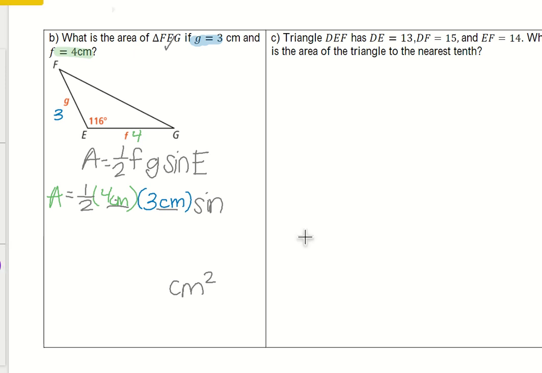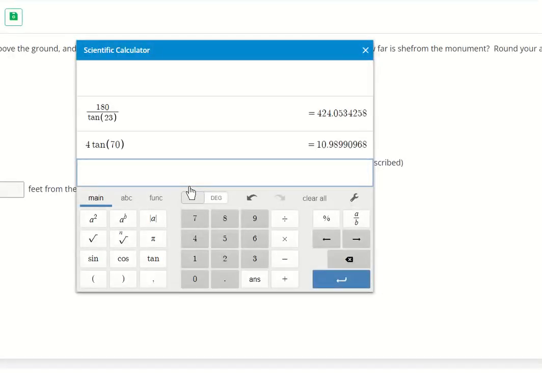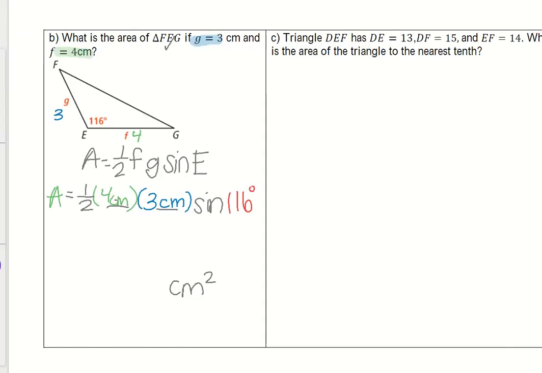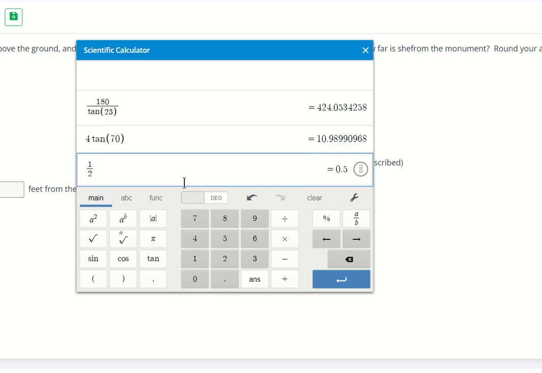My angle E is 116 degrees. So I'm going to type that in the calculator, but without the centimeters. So that means that we're going to do 1/2 of 4 times 3 times sine of 116.